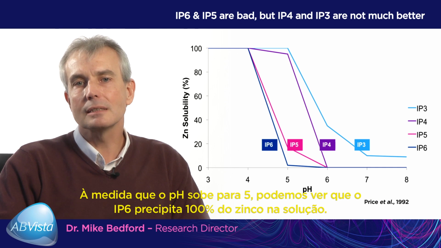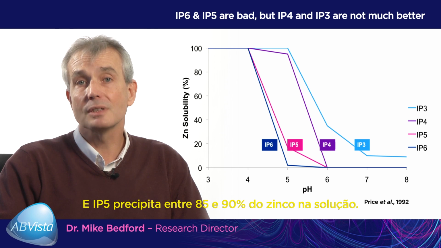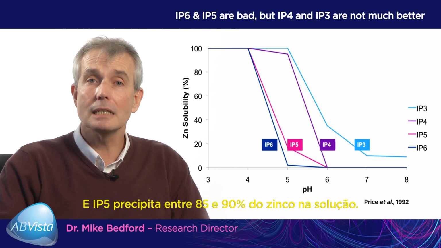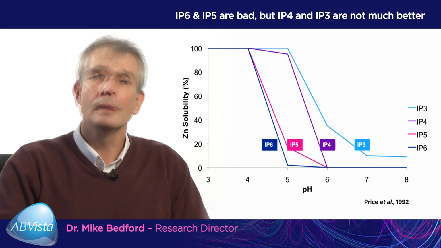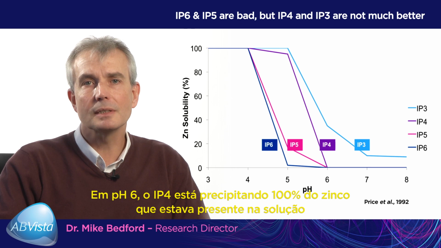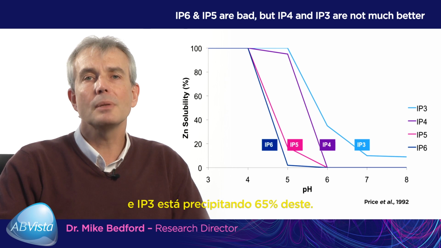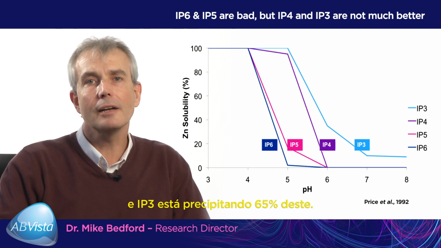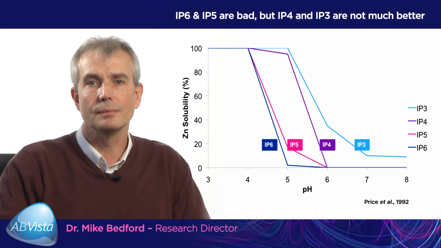As the pH rises towards pH 5, you can see that IP6 precipitates 100% of the zinc in the solution. And IP5 precipitates almost 85–90% of the zinc in the solution. And you can see at pH 6, IP4 is precipitating 100% of the zinc that was present, and IP3 is precipitating 65% of the zinc that was present in the solution.